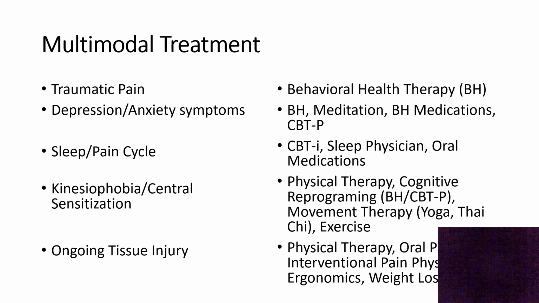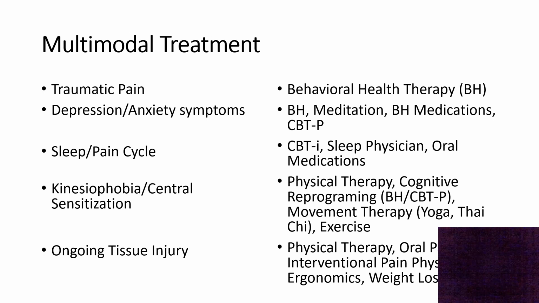Yoga and Tai Chi routinely have the best evidence for patients with fibromyalgia, largely because of their combination of breathing techniques along with exercise and gentle stretching. It tends to work both to decrease anxiety and depression symptoms as well as restore function and flexibility.